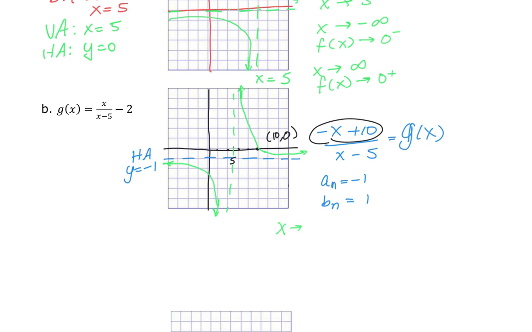As x goes to 5 from the left, my function is going to go to negative infinity. As x approaches 5 from the right, my function is going to go to positive infinity. I have no more vertical asymptotes, so I don't have to write any more of that notation.